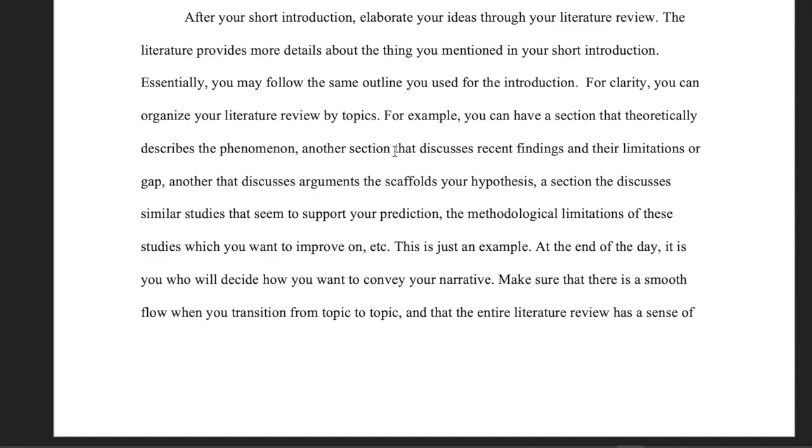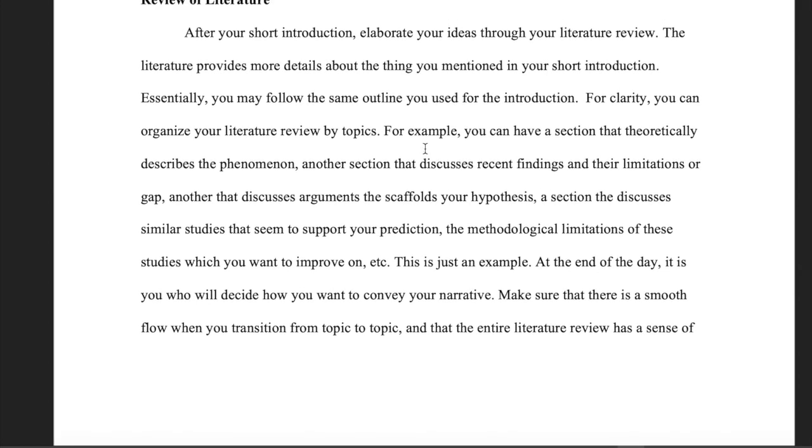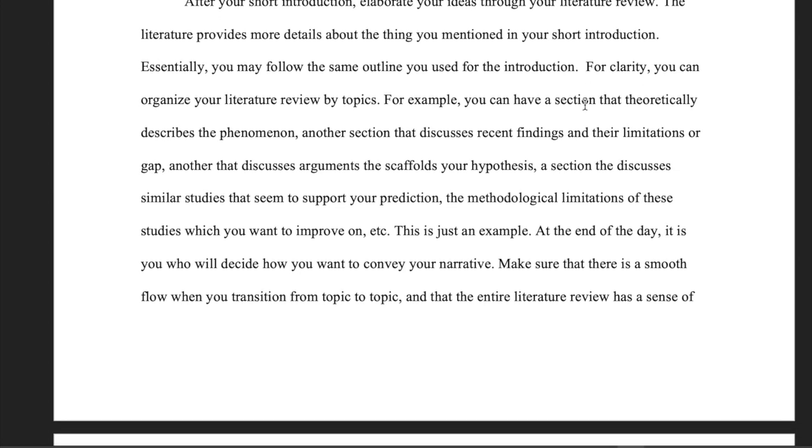Okay, so normally the literature review is presented in topics. So here are some examples. These are just examples.